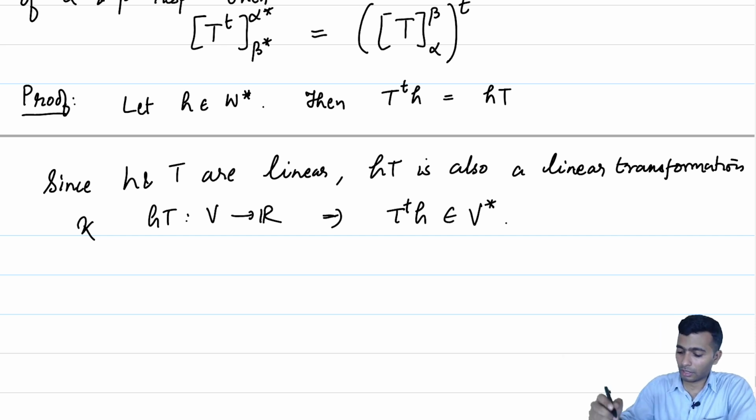This implies that T transpose H is an element of V star.